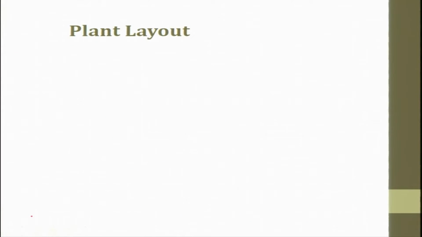So next I would like to discuss the plant layout, a brief introduction to this before we actually move to our software. What is plant layout? Plant layout planning is the most effective physical arrangement, either in the existing or in the planned facility. It is an engineering study to analyze whether the physical configurations of a manufacturing plant are good or not.